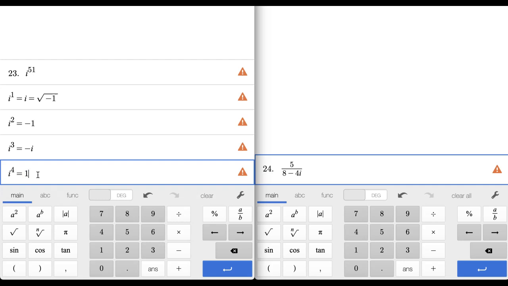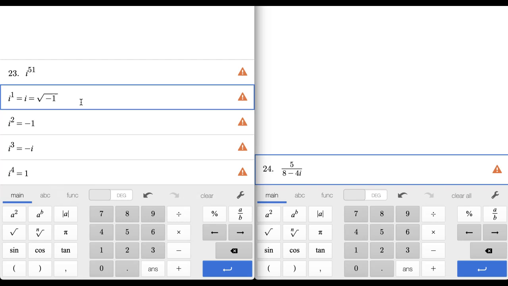So what we have to do now is figure out i to the 51. This is just going to keep repeating, right? So if I go back to i to the 5th, that's there. This is i to the 6th.